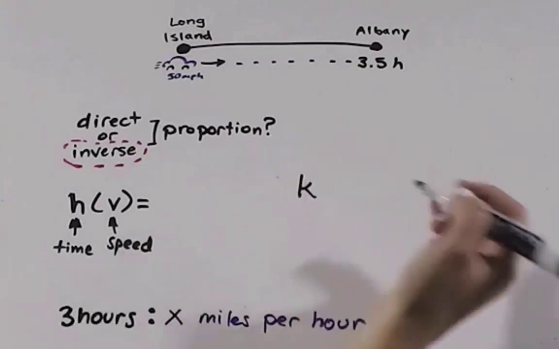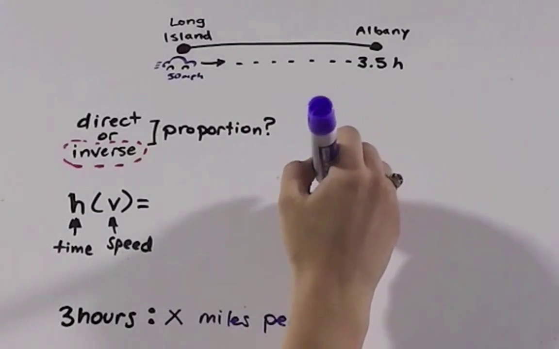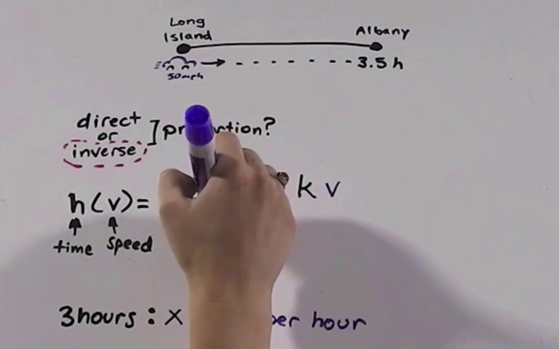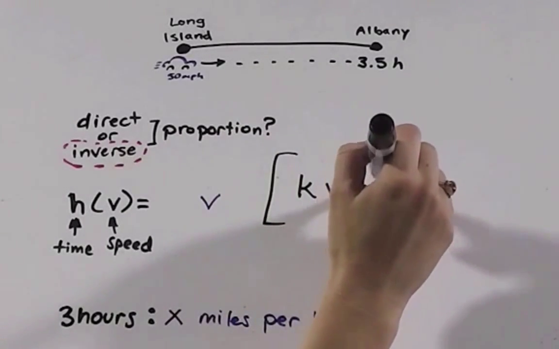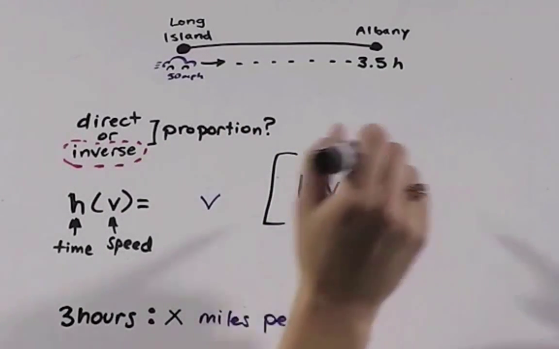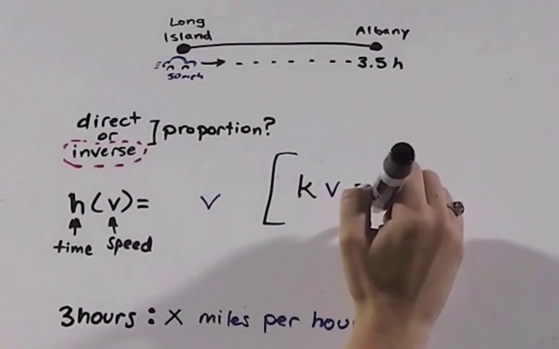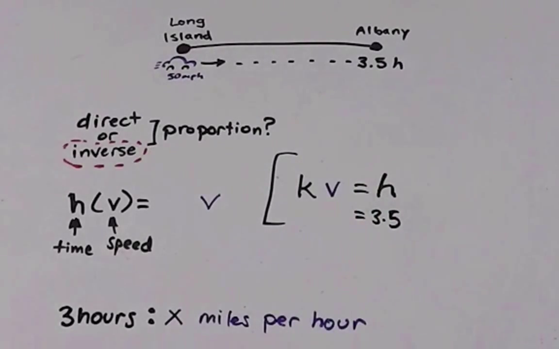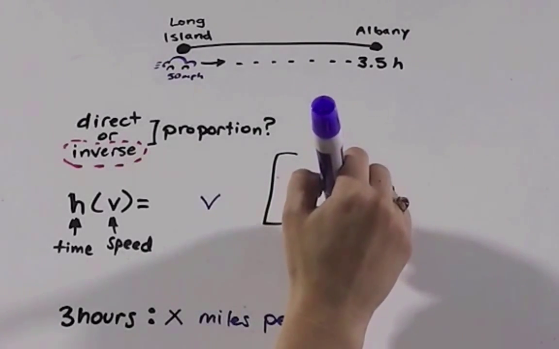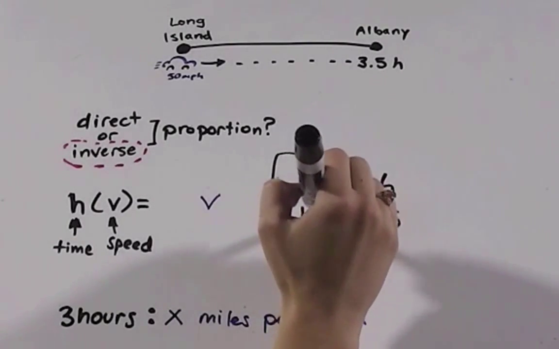So let's call it k, this constant that we're looking for. It's going to be multiplied by a speed v, which is going to end up in our equation, and we're setting it equal to h, and we want to find k. So if we plug in our value of time, 3.5 hours, and we plug in our velocity, 50, we should be able to find k.